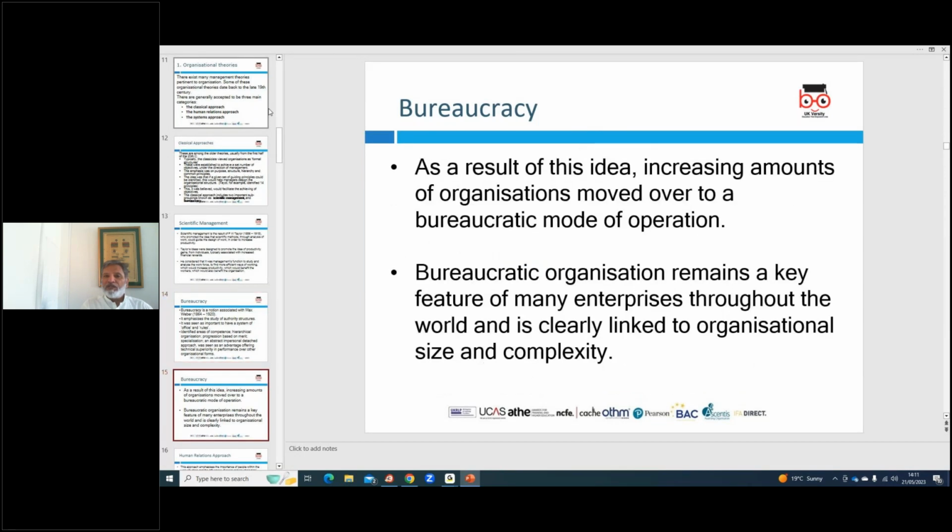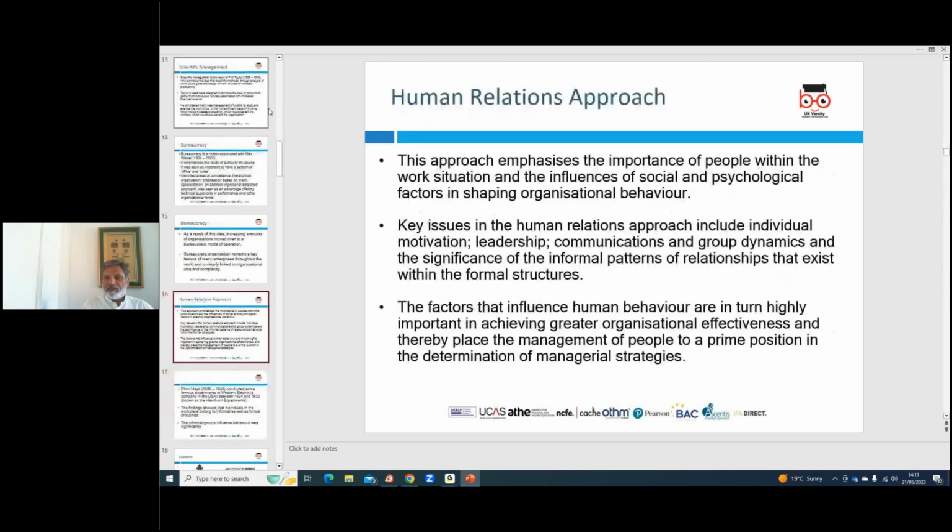And what he said was that bureaucratic organizations are very important because they want to achieve the organizational objectives.